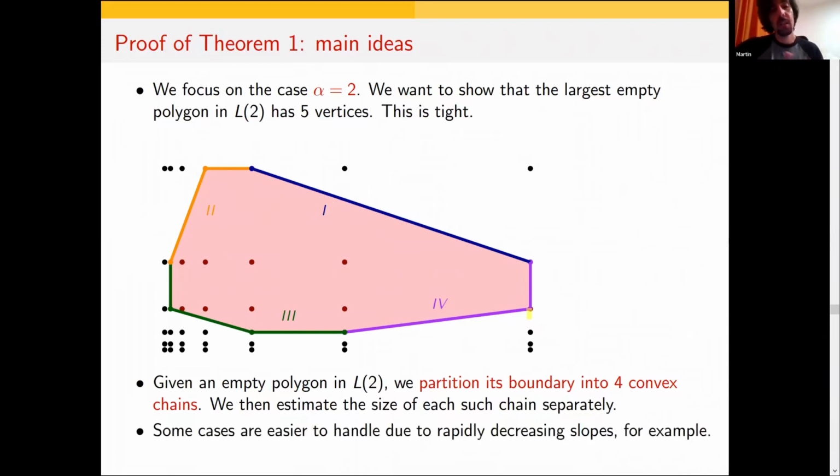Now, some of the types are easier to handle, for example, because of rapidly decreasing slopes and so on. So perhaps the simplest case is this type 1, because it actually turns out that if our polygon is empty, then the chain of type 1 contains only a single edge. So you cannot have 2 edges.